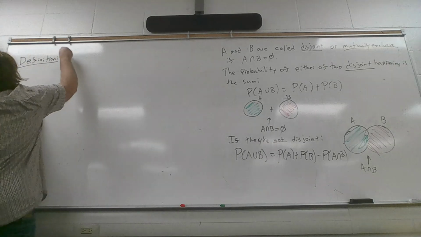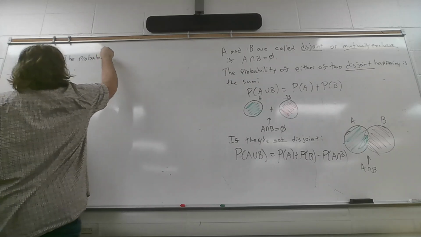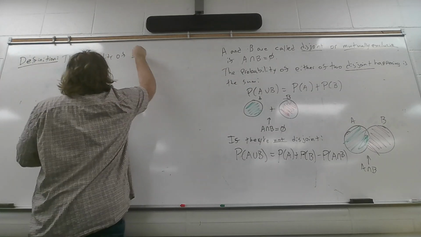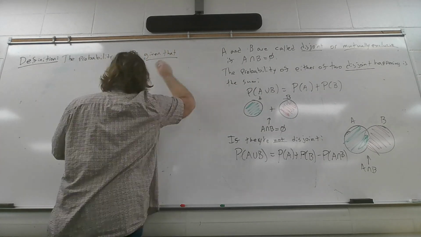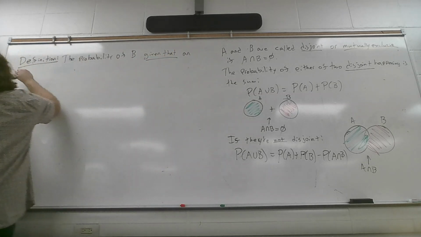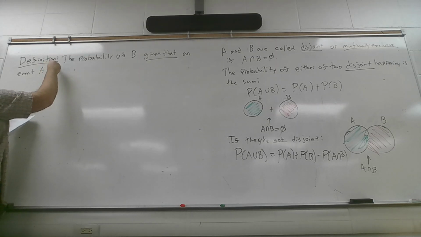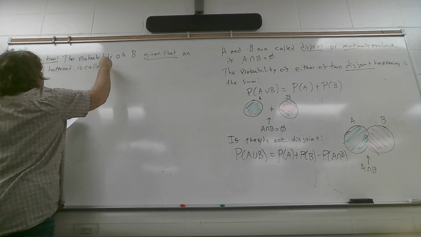So the probability of B, given that, and that's the terminology we'll use, given that an event A happened, is called conditional probability.